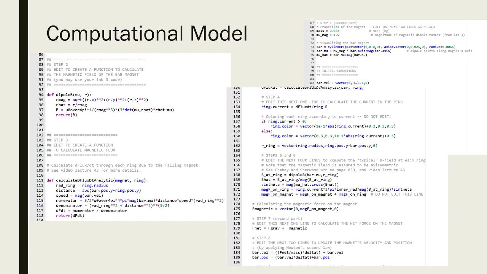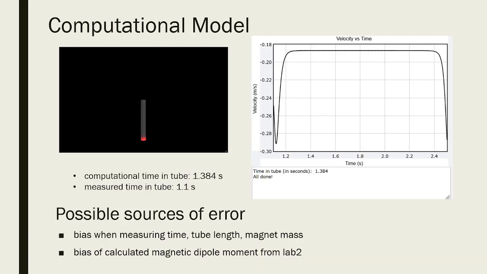And in step 8, we use the net force to calculate the velocity of the bar magnet and also its position. So here's the result of the computational model. The computational time in the tube is 1.384 seconds, so it's a bit different from the measured time in the tube.